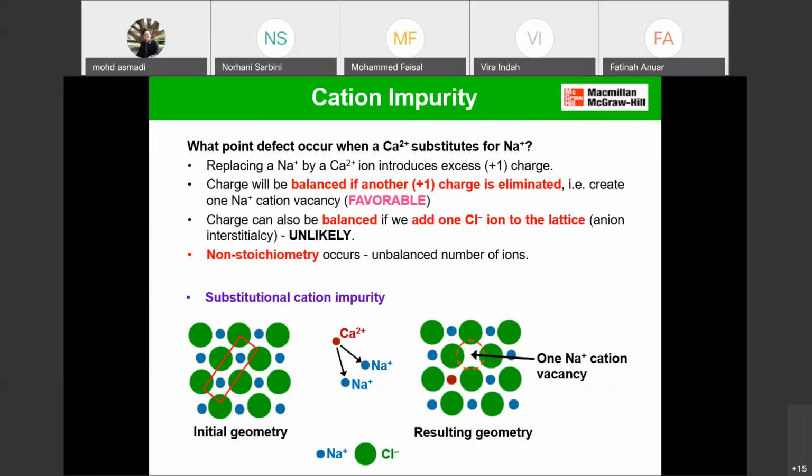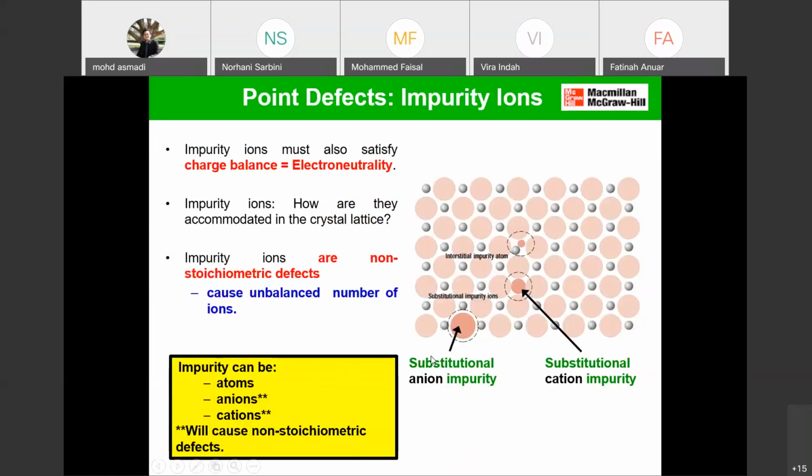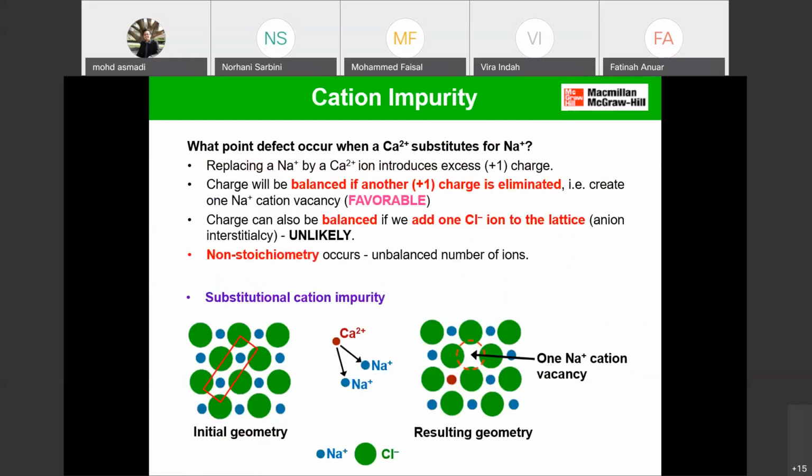So this one is a cation impurity, to maintain the electron neutrality. What point defect occurs when Ca2 plus substitutes for Na plus? If we replace this Na with Ca2 plus, there is a vacancy here.